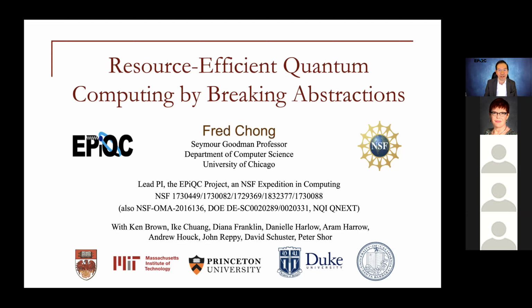And so what I'm going to talk about is how to strategically break abstractions in our software stack and give you examples of where we could get just enormously greater efficiencies by doing this.